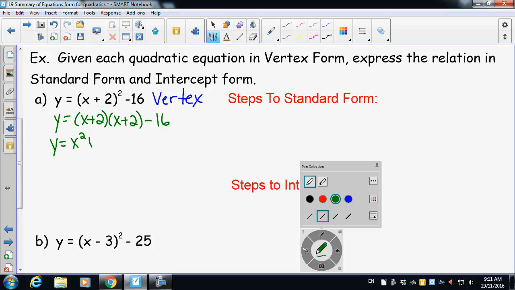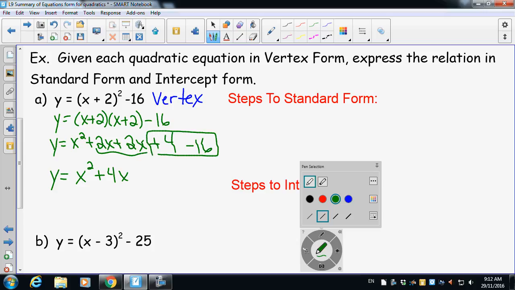So I have x squared, 2x, 2x, plus 4 minus 16. And then we know from all our algebra that we want to collect our like terms. So I have x squared plus 4x. Those are my like terms. And those are like terms as well. 4 take away 16 is minus 12. And now, by doing all that algebra, I have my equation in standard form.